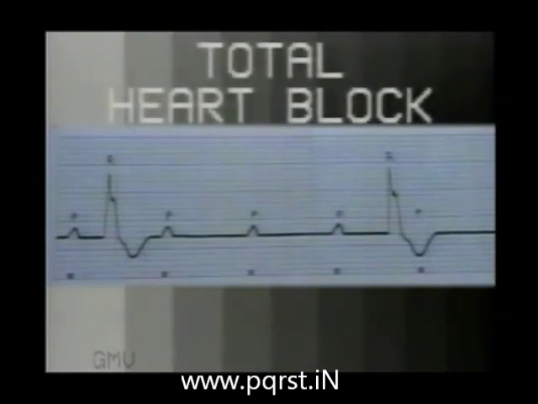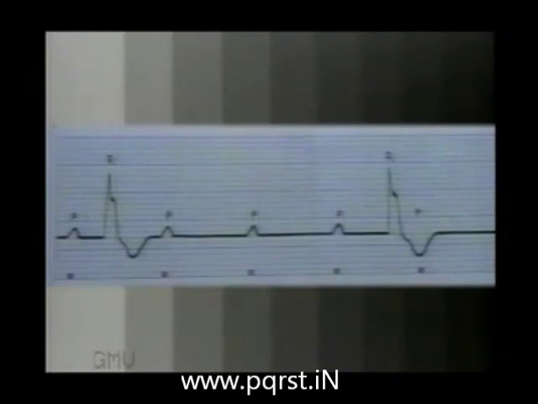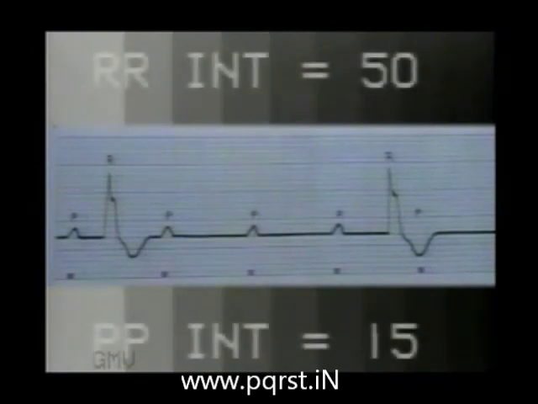We must also remember that RR interval actually measures the ventricular rate. In total heart block, where P waves do not correspond with the QRS complexes, the atrial rate should be calculated separately by measuring the number of small squares between two P waves and dividing 1500 by this number.